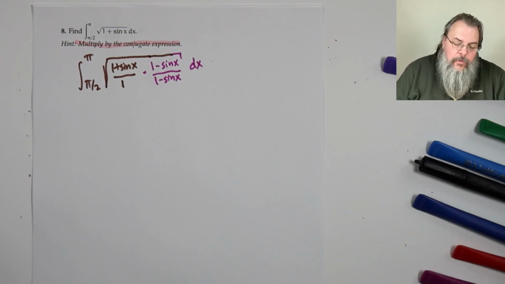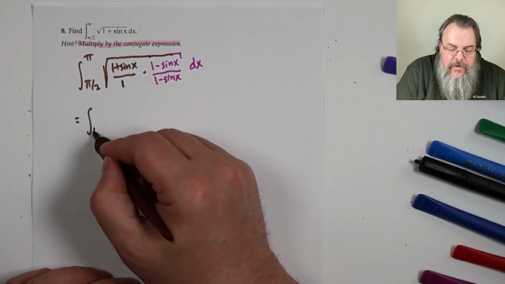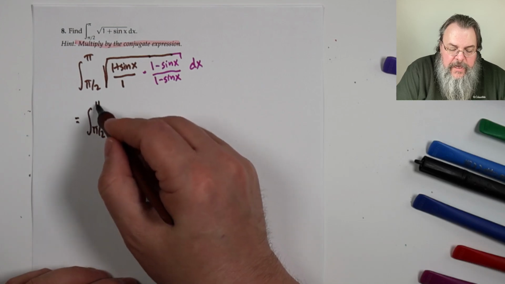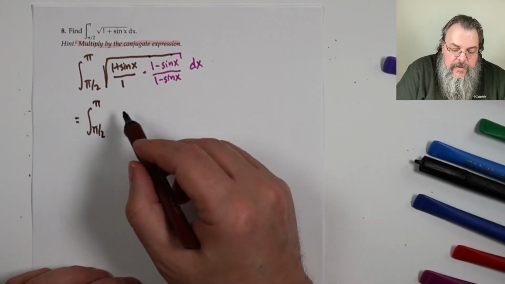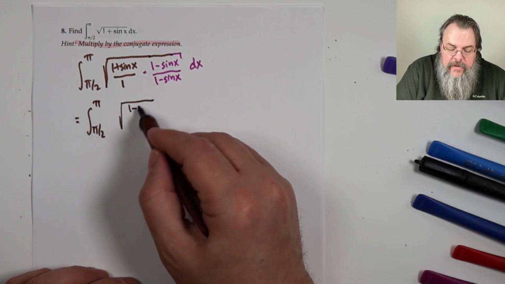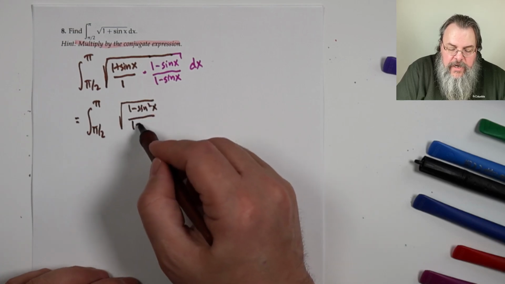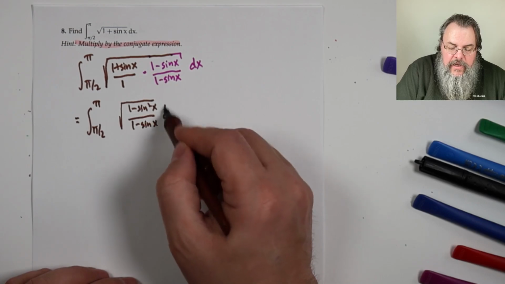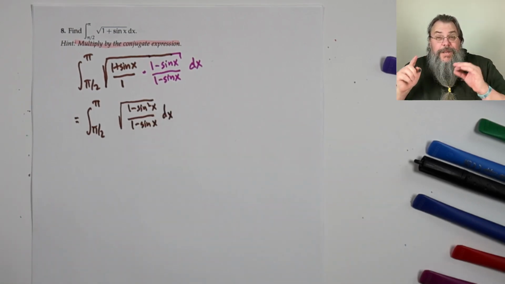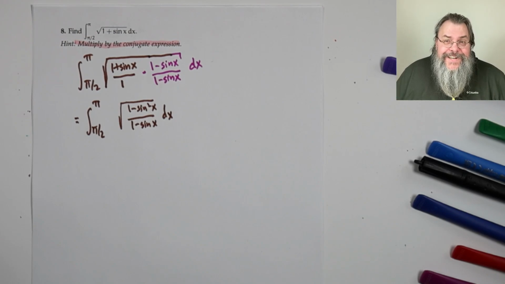Okay, well, what does this become? It becomes the integral from pi halves to pi of, upstairs, the square root of 1 minus sine squared x, and downstairs 1 minus sine x. And in the moment, you might say, you made it worse. But hold on, we're not done yet.